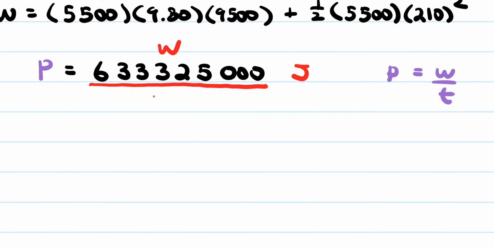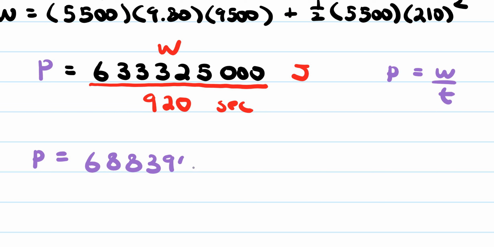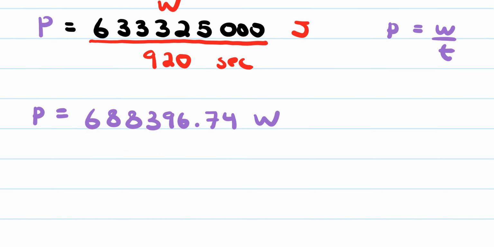So we can divide this by 920 seconds, and then our power is now in the range of 688,396.74 watts. So joules divided by seconds is going to be watts, and if you wanted to write this in scientific notation, it would be 6.9 times 10 to the power of 5 watts.